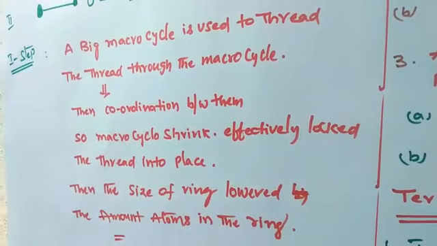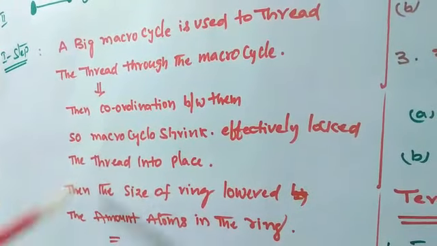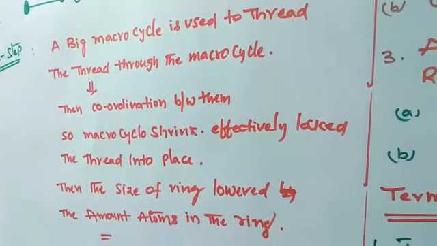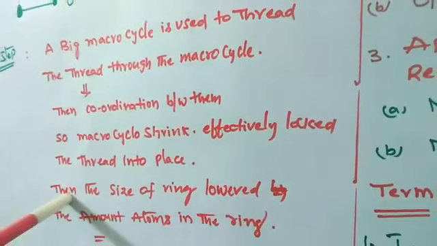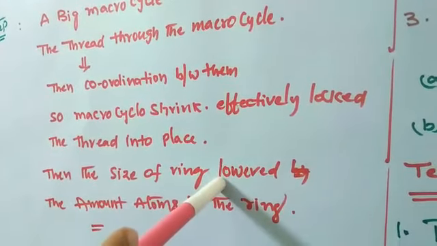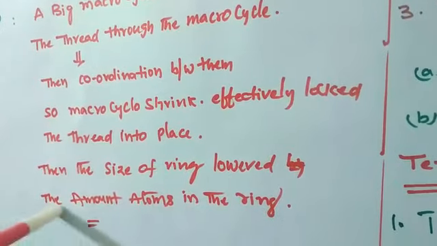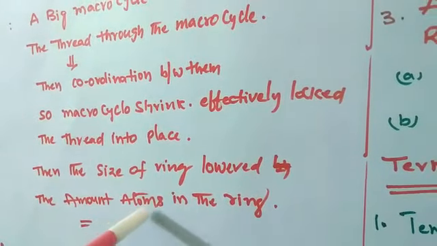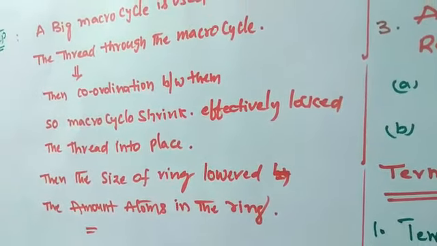The macrocycle effectively locks the thread into place. Then the size of the ring is lowered, meaning the number of atoms in the ring decreases.